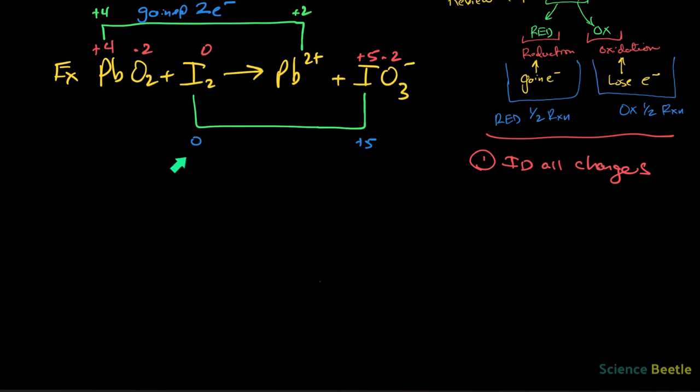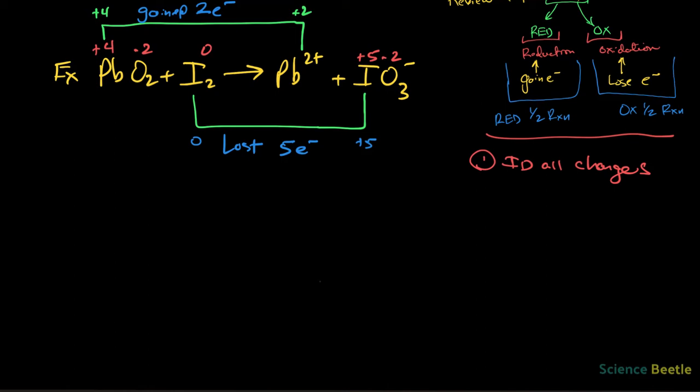You have the same number. But in order for you to move from 0 to +5, you must have lost electrons here, because that's the only way you're going to get a plus charge overall. So when we write this out, in order for you to go from 0 to +5, you must have lost 5 electrons. And that's going to be important for us when we actually balance it out.